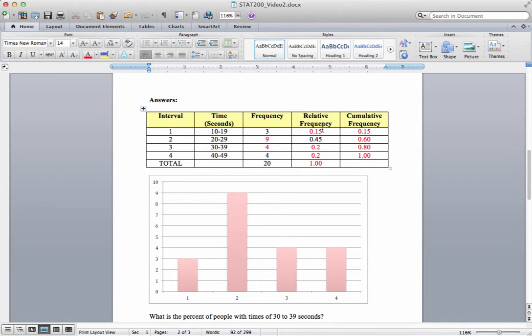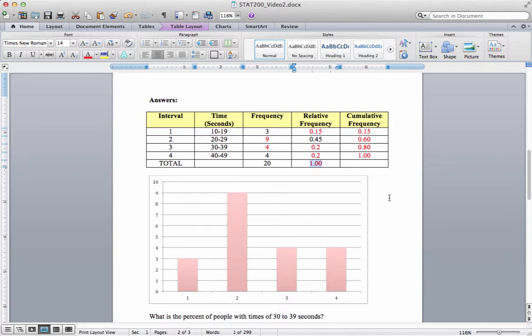So I start out with 0.15, then I add in this value, 0.45, that gives me 0.6. I then add in 0.2, that gives me 0.8, and in the end, this number should always be 1 at the end of the cumulative frequency. Same goes true for relative frequency. These numbers should always add up to 1 because that says we now have 100% of the data.